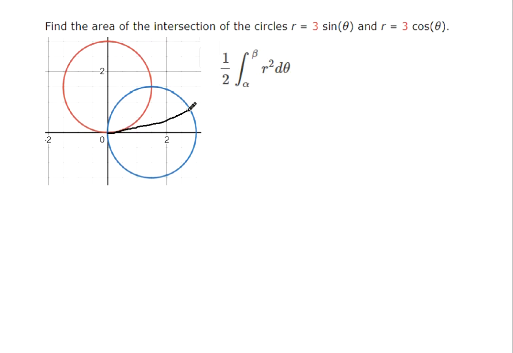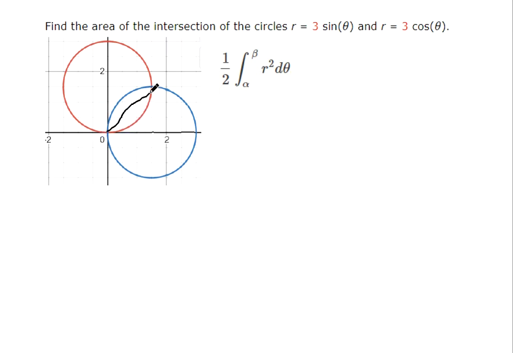This is r when theta equals like pi over 8. R is whatever number it takes to go from the origin to wherever your angle lands, depending on the formula. So what we want to do is find the area in between these two graphs. So if we were to look at the r value for sine of theta, there'd be one really small one there, there'd be an r there, there'd be an r there.